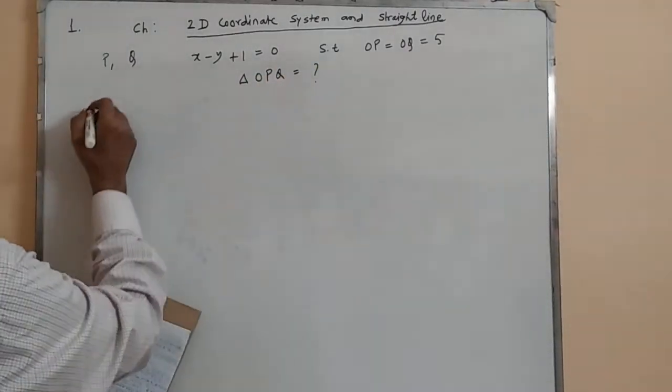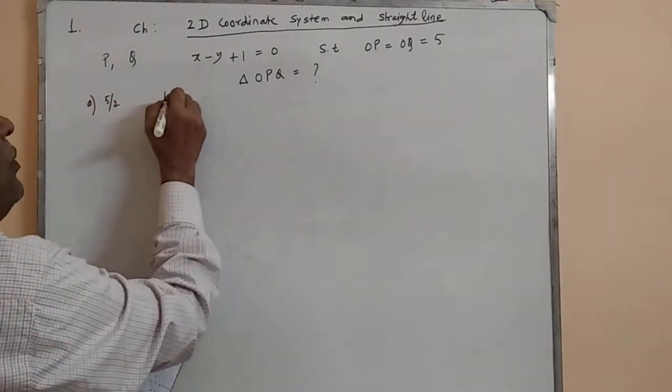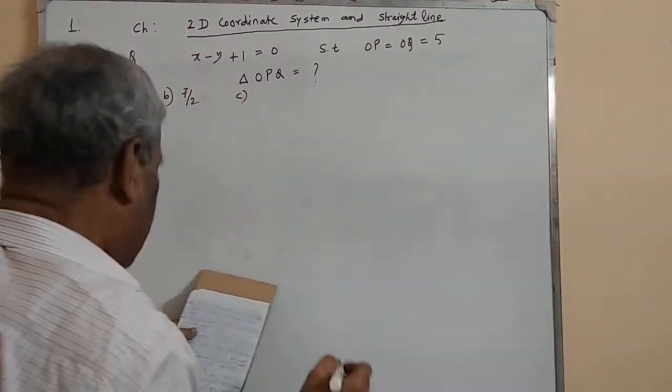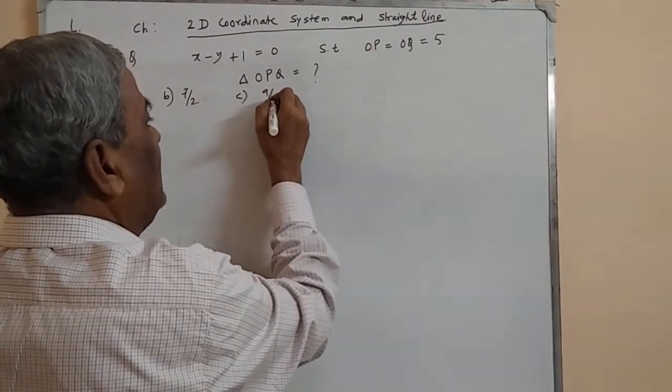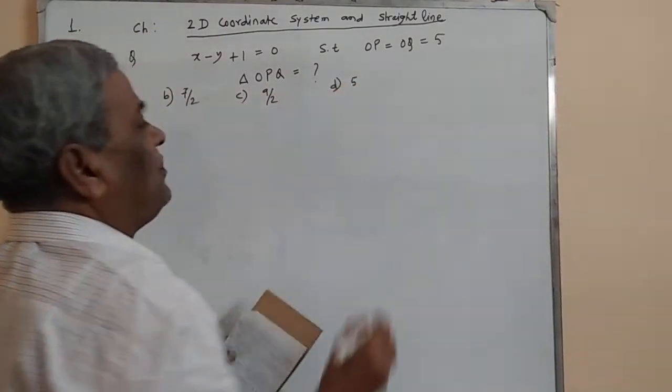Options are: A, 5 by 2 square units; B, 7 by 2 square units; C, 9 by 2 square units; and D, 5 square units.